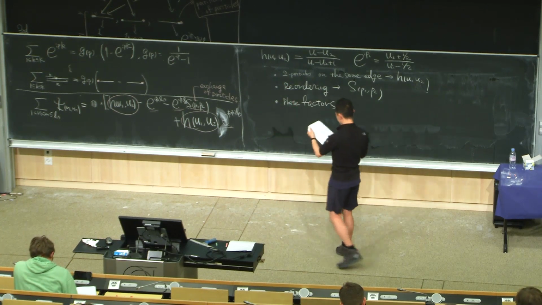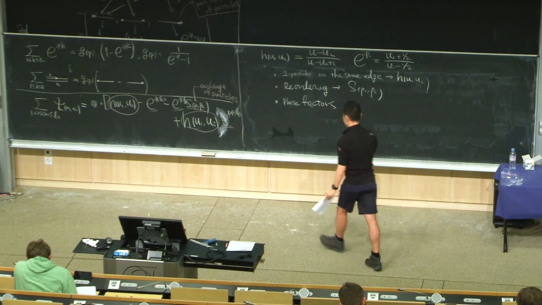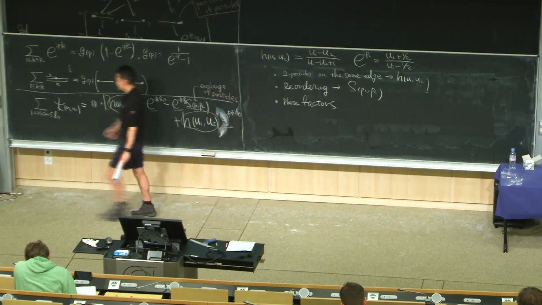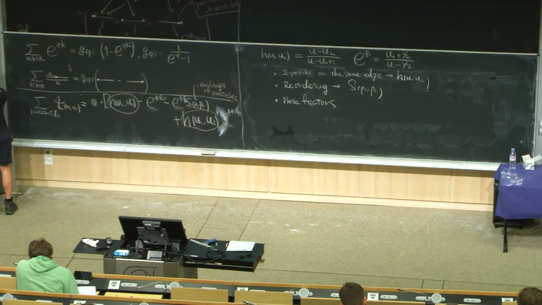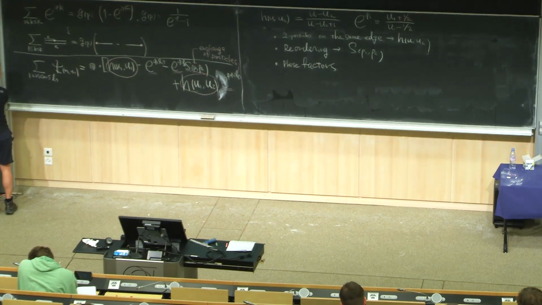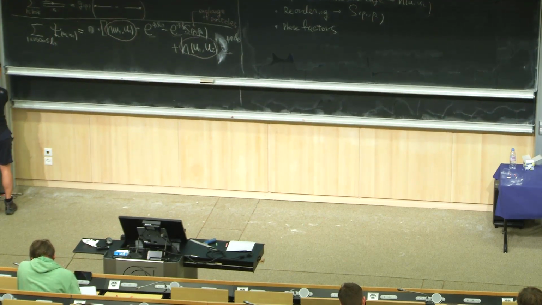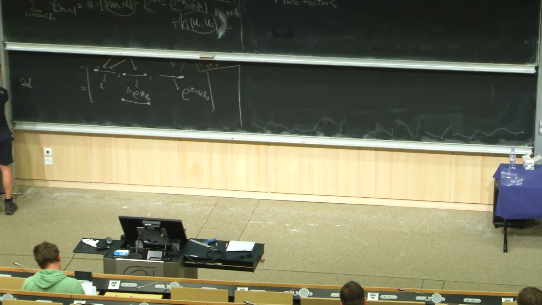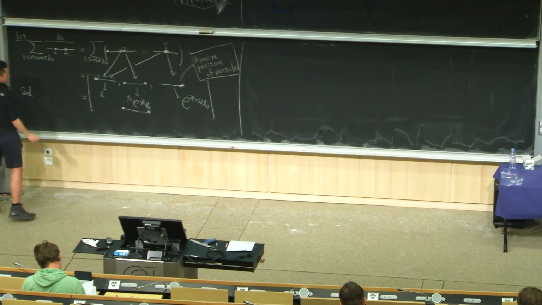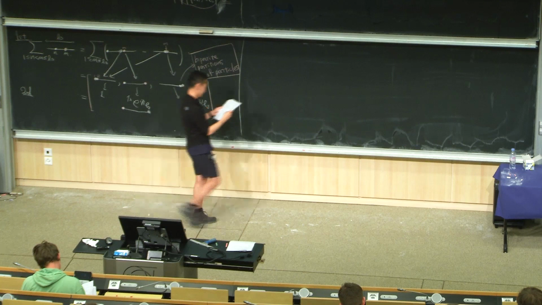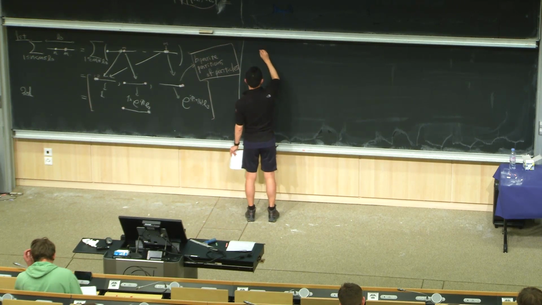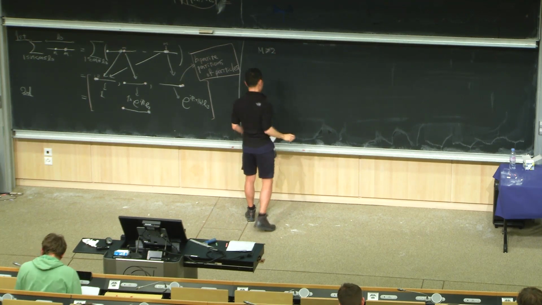And now you can ask if this structure persists also for the multiparticle case. And the answer is yes. It's a bit of a boring computation, so I'm not going to explain the details. But for the multiparticle case, m larger than 2, the result is the same.